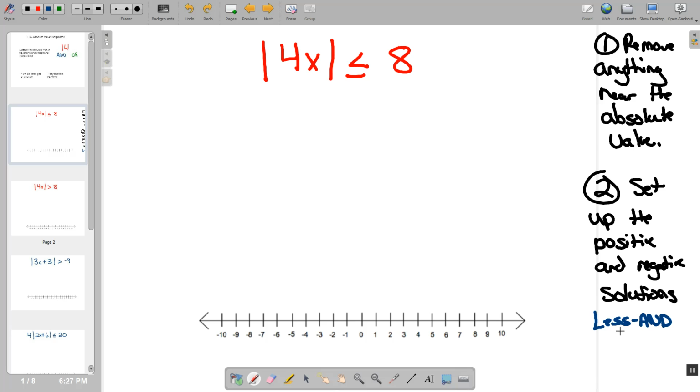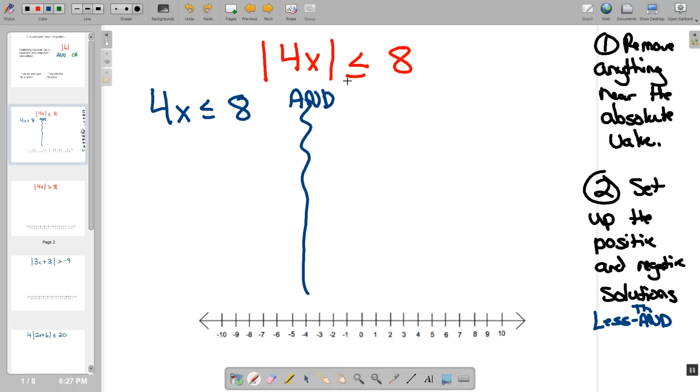So in this case, we're going to set up the positive and negative solutions, and we will get 4x is less than 8, and because it's less than, I'm going to do 4x greater than negative 8.